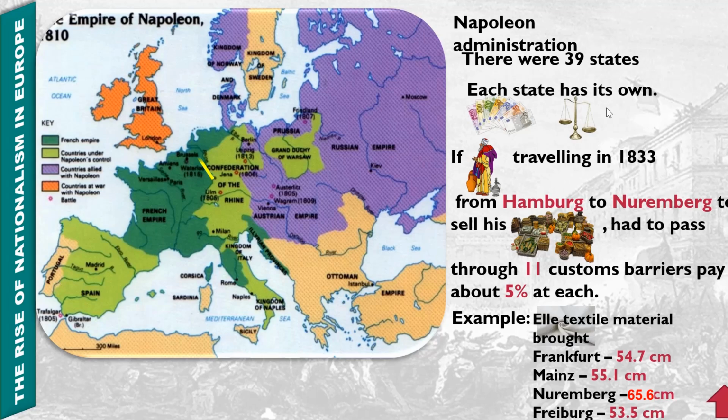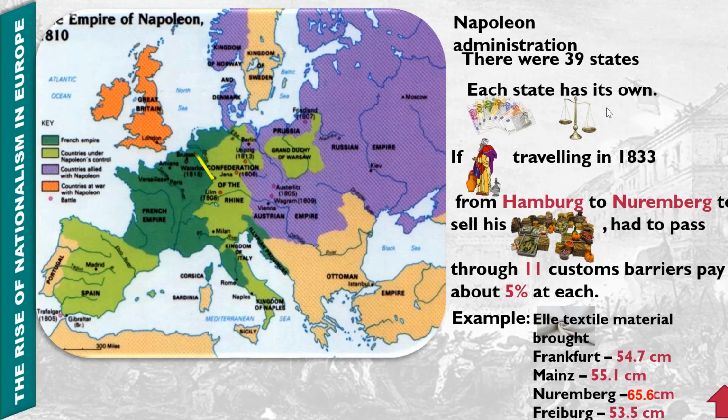A merchant traveling in 1833 from Hamburg to Nuremberg to sell his goods would have had to pass through 11 customs barriers and pay a customs duty of about 5% at each one of them. Duties were often levied according to the weight or measurement of the goods. As each region had its own system of weights and measures, this involved time-consuming calculation.